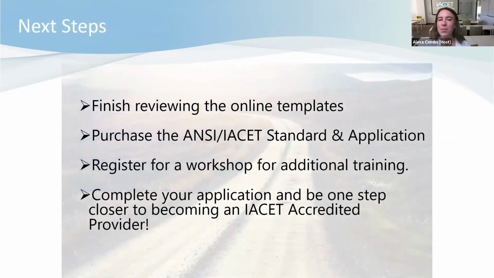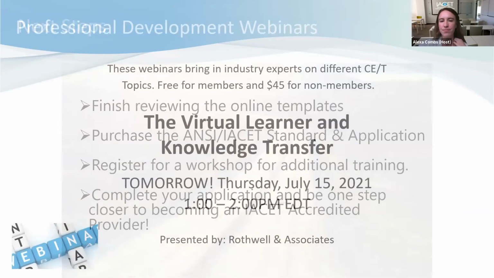As some next steps, this webinar was designed to give you a general overview of the application process. As Karen mentioned, we always recommend that you attend an accreditation workshop to get a more in-depth look at the application and process. And as always, if you have any additional questions that were not answered in today's webinar, please feel free to contact our office. Our information will be on the last slide coming up here in just a bit.